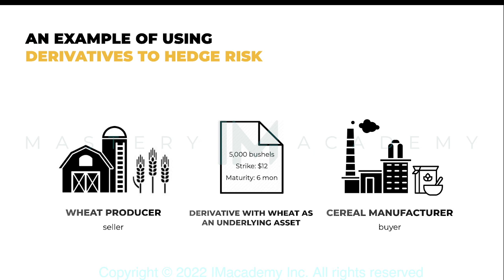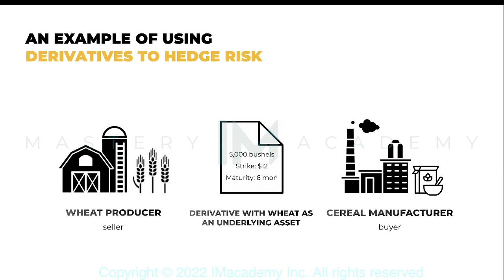So they're entering an agreement, okay, where they agree to trade a certain amount of wheat at a pre-discussed time at the pre-discussed price. Okay, so they're looking for a price which is comfortable and accepted for both of them.